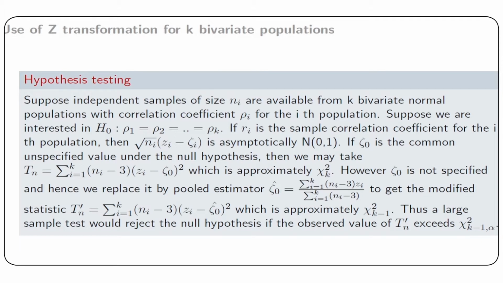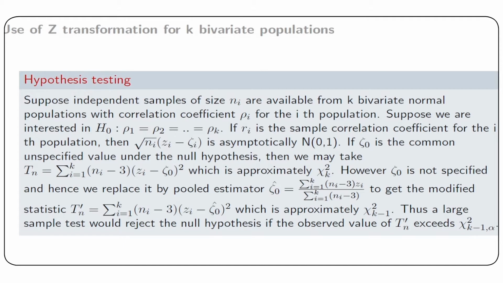Zeta naught is the common unspecified value under the null hypothesis. Then we may take our statistic Tn as summation i from 1 to k Ni minus 3 multiplied by Zi minus zeta naught whole square, which is approximately distributed as a chi-square with k degrees of freedom.